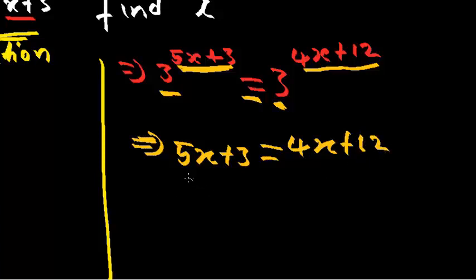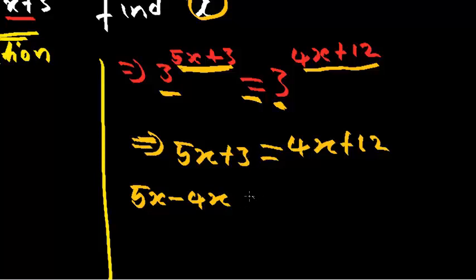So we are solving for x, as you can see, find the value of x. To solve for x, here is 4x and here is 5x. I'm going to subtract 4x from both sides, and I will also subtract 3 from both sides. If I subtract 4x from both sides, I get 5x minus 4x at this side. Then I'll also subtract 3 from this side, so 3 minus 3 will be 0.